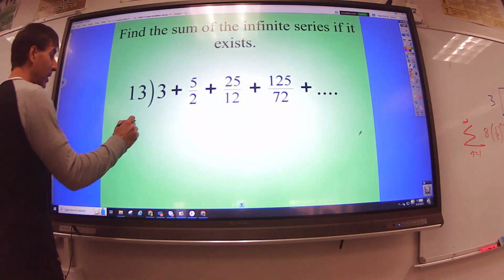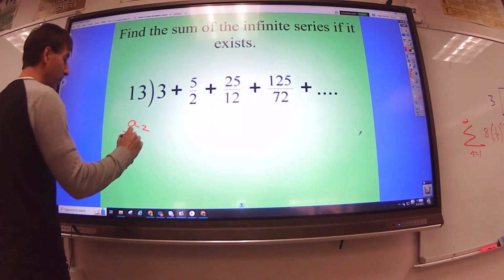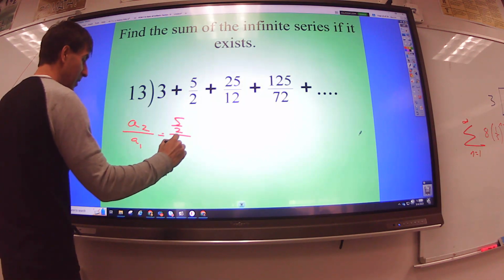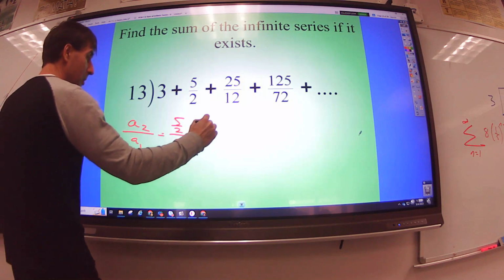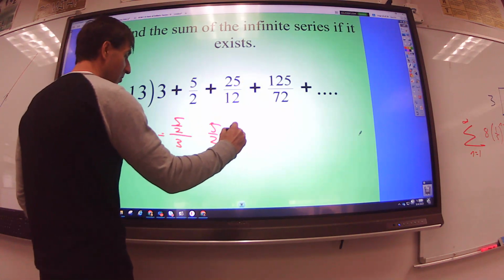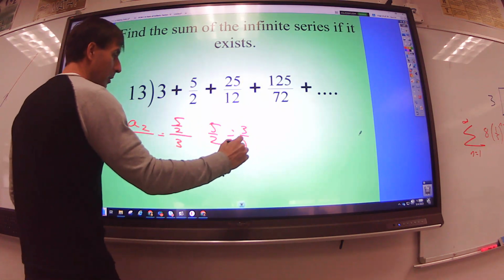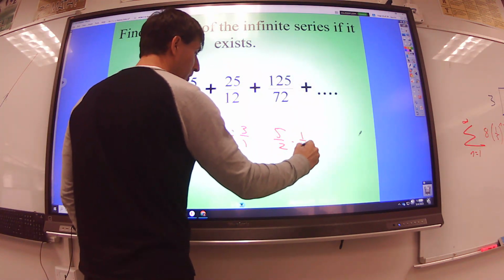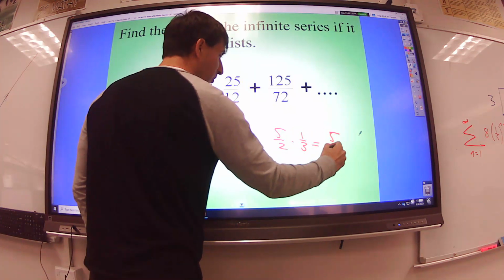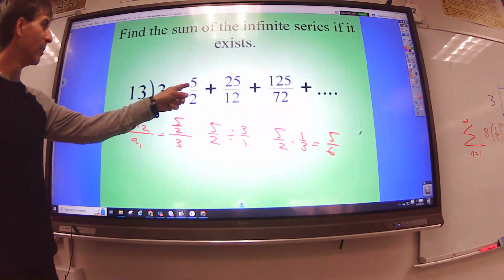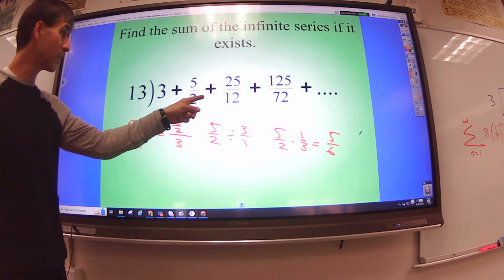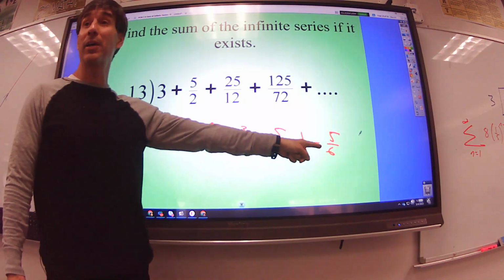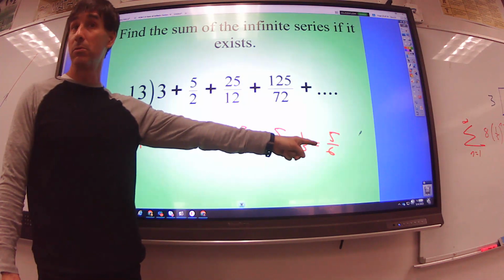So what's my ratio? a sub 2 divided by a sub 1, which is 5 halves divided by 3, which is 5 halves divided by 3 over 1, which is 5 halves times 1/3, which is 5 over 6. And you can see it, right? 5 times 5 is 25, 2 times 6 is 12, right? It's less than 1 and bigger than 0.